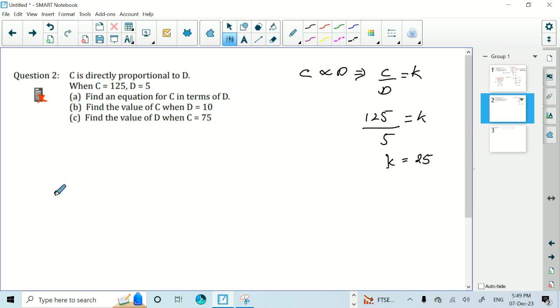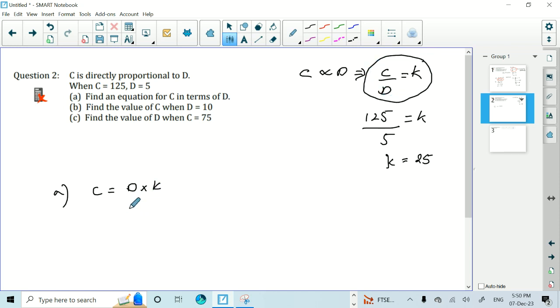Now, part A, again, same thing. It's nice to be consistent. Find an equation for C in terms of D. That means C is equal to, because remember, C over D is equal to K. So that means D times K is equal to C. So C is equal to D multiplied by K, using this equation here.